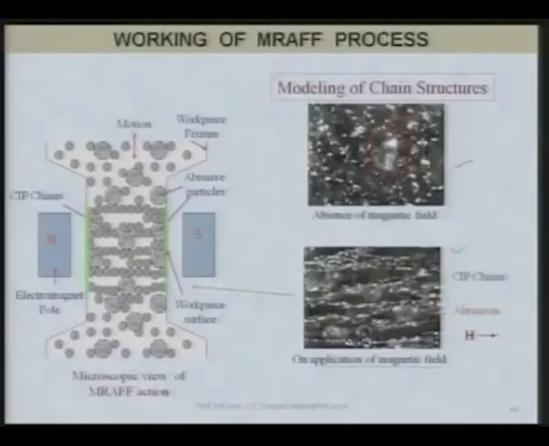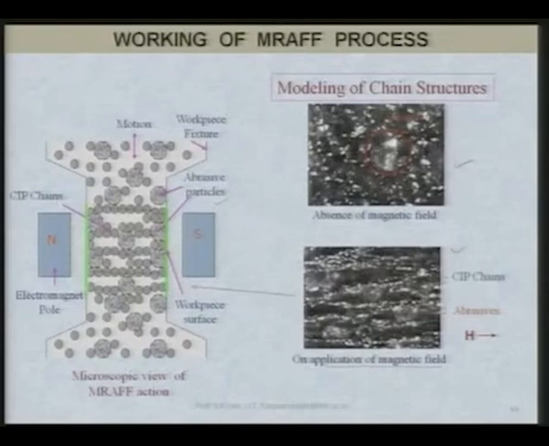Now, when these abrasive particles come in contact with the workpiece surface, they abrade the workpiece surface and remove the material in the form of microchips. As you can see in a schematic diagram here, these are forming the chains along the magnetic lines of force, and in between the chains you can find the abrasive particles.